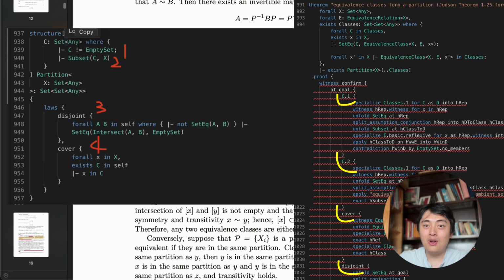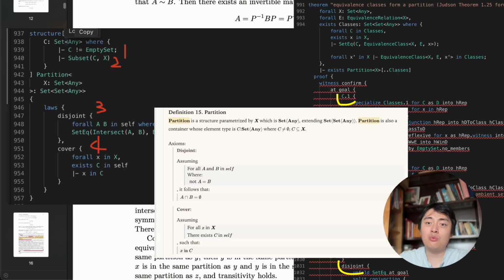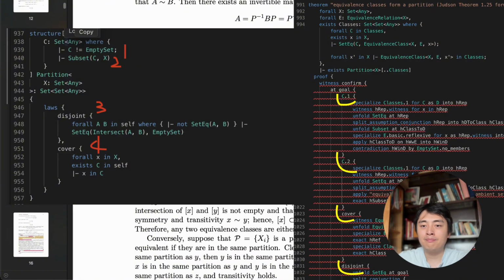And to be careful about this partition structure, we see that inside the square bracket, which is the container mark for this structure, we're saying that a partition is a container, which is a set, and the element type inside this partition, inside the first level set, is another set satisfying these two assumptions.